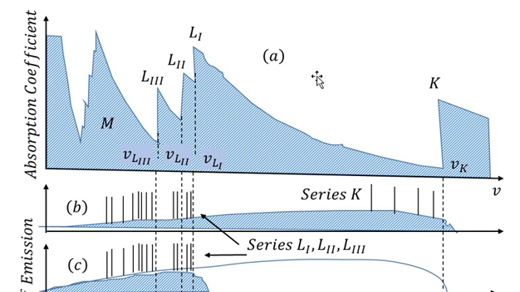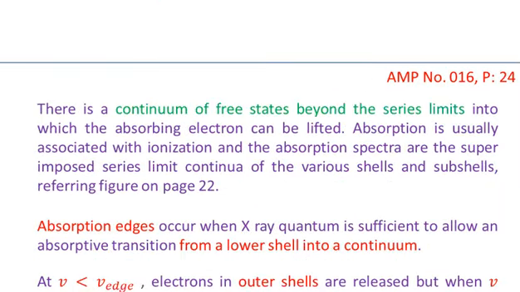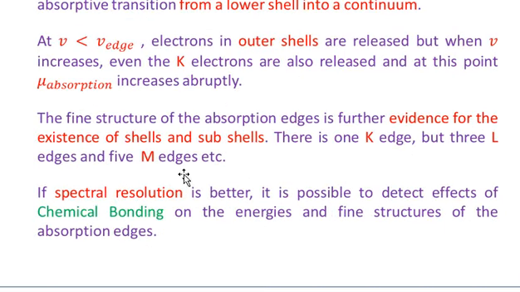So using the fine structure, we can obtain not only the edges corresponding to the shells, but also edges corresponding to the subshells. There is one K edge, but 3 L edges and 5 M edges.